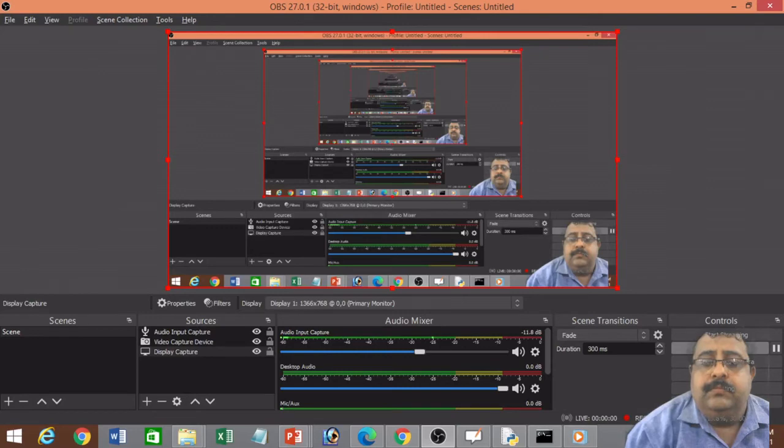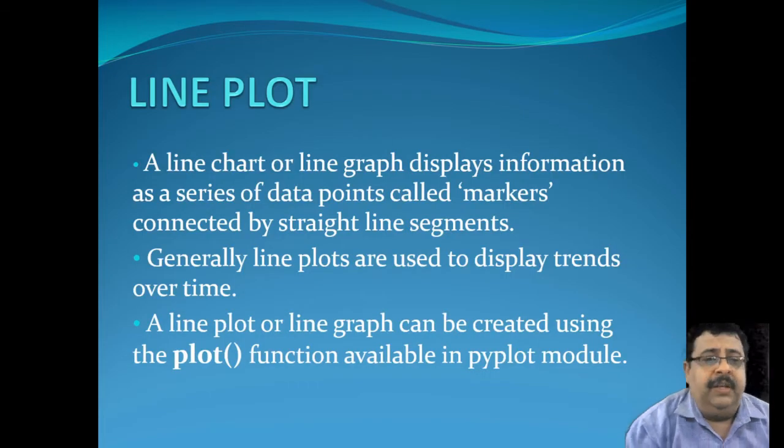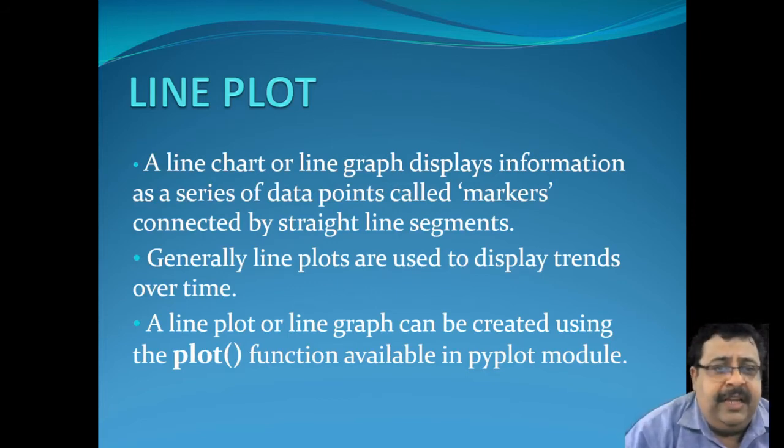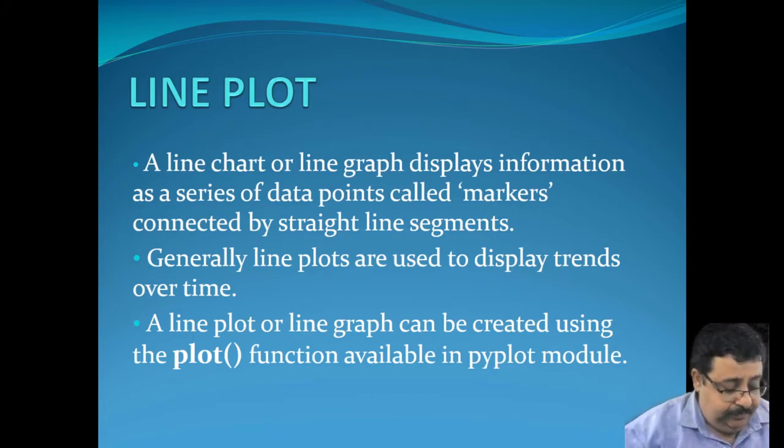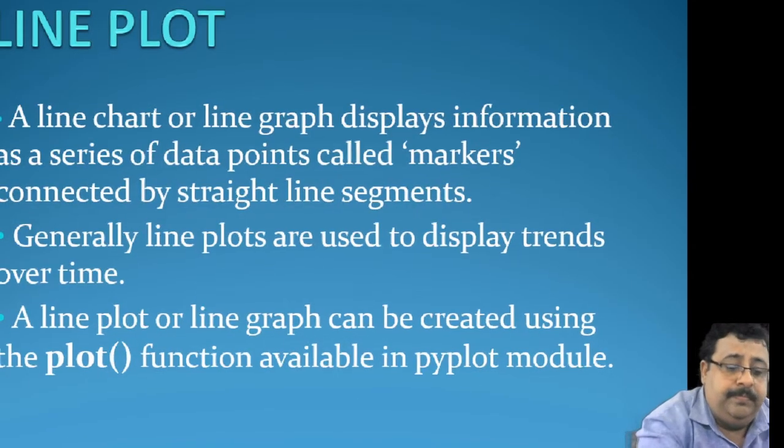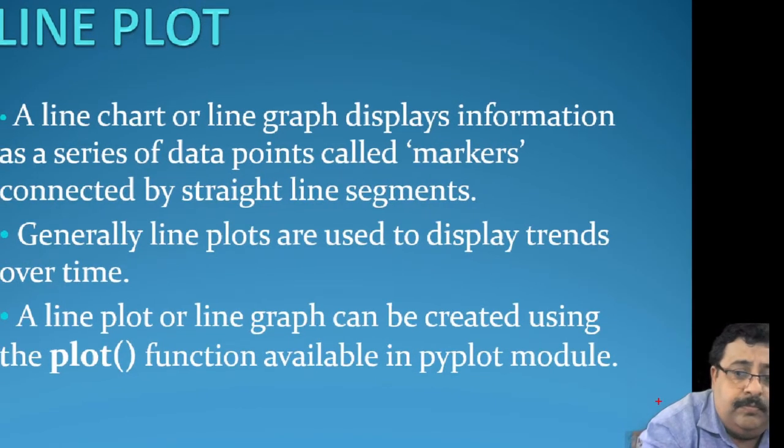Line plot. A line chart or a line graph displays information as a series of data points called markers, which are connected by straight line segments. We all know that when we are plotting, this is the x-axis and this is the y-axis.